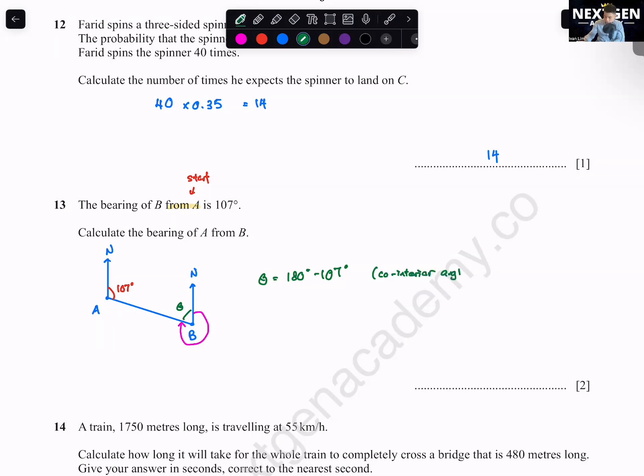When two parallel lines, the two angles inside add up to 180. Your angle here will be equal to 73 degrees. So for me to find the bearing of A from B, I will take 360 degrees minus 73 degrees, which will get 287 degrees.